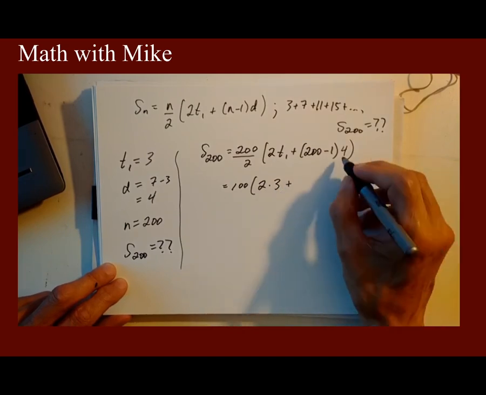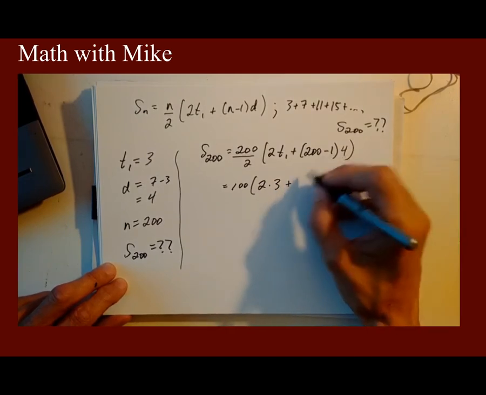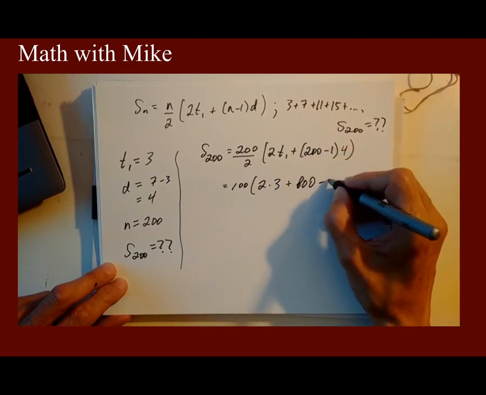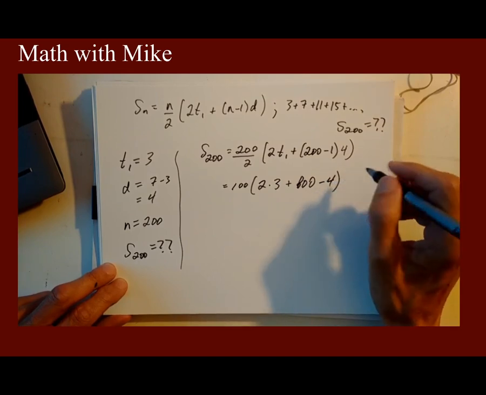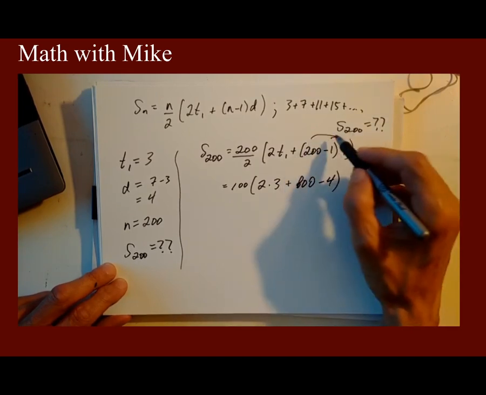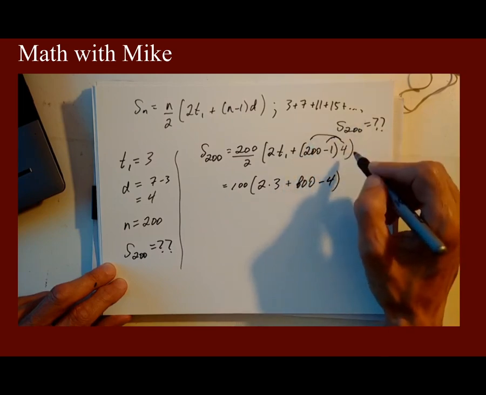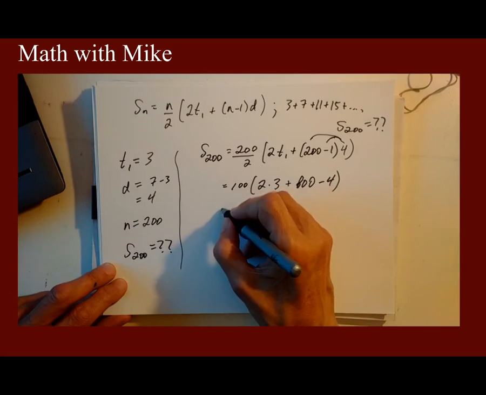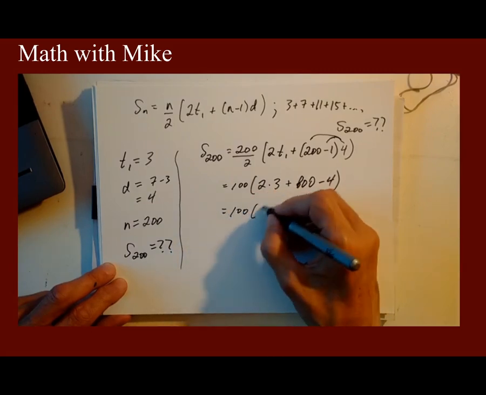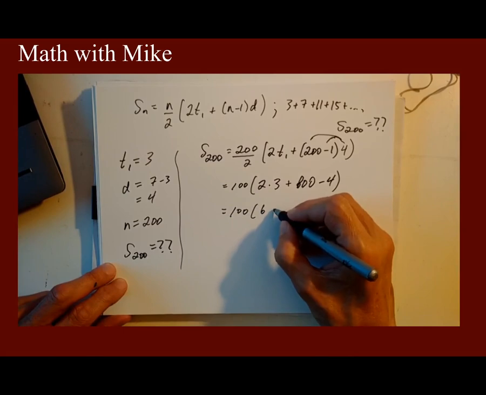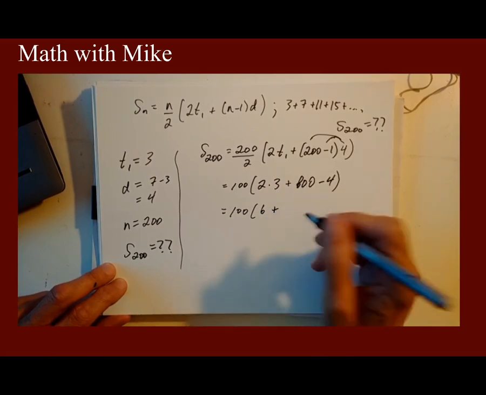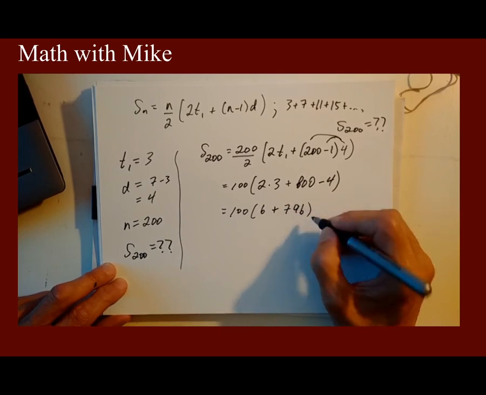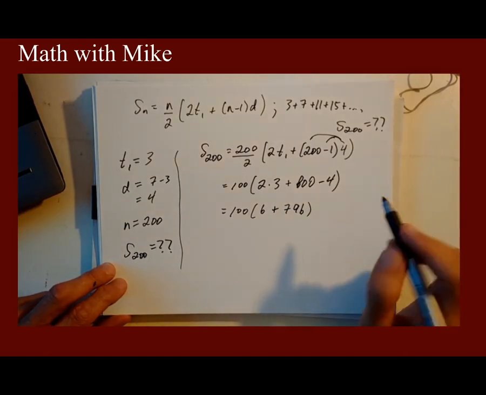And then what's 4 times 199? Too weird. So I'm going to go 4 times 200, which is 800, and then minus 4. Distribution, right? Just distribute the 4 in to remove the brackets. So we're getting closer. We have 100 times 6 plus 796 there. Then I'll do the same trick.